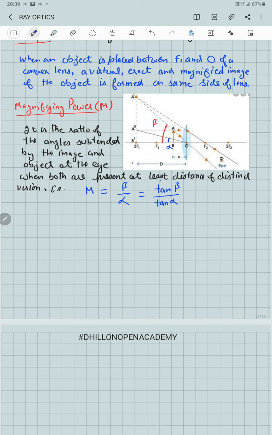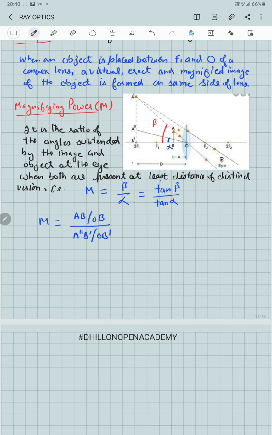Now from the figure, if we find the value of tan beta and tan alpha, in the right angle triangle ABO, tan beta will be AB over OB, and in the right angle triangle A double dash B dash O, tan alpha will be A double dash B dash over OB dash.